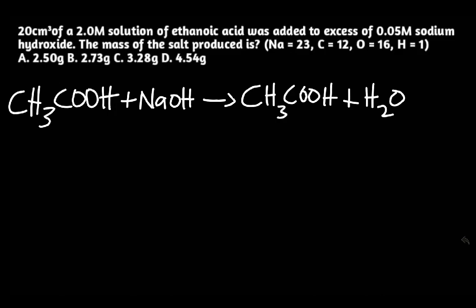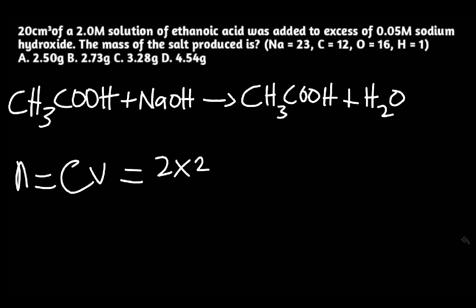The next step, we need to solve for mole, and to solve for mole, we would say mole equals the molar concentration times volume. Do not forget this. In this case, our molar concentration of the acid was given to be 2, times, what was our volume?